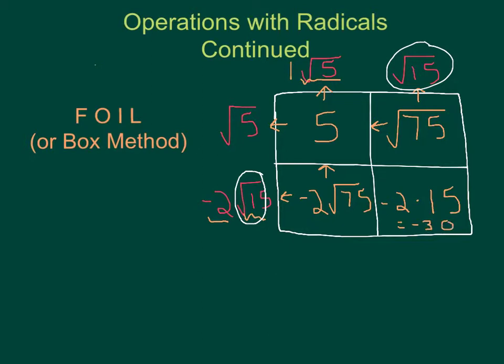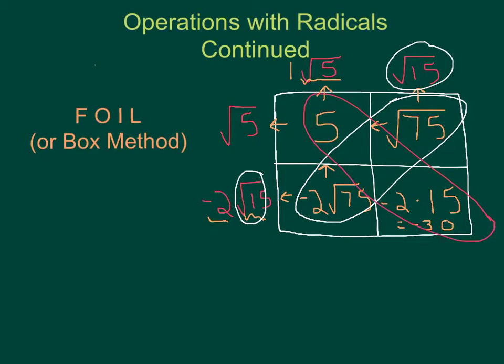So now, let's look. I have like terms on this diagonal, but I also have like terms on my other diagonal. So, let's think about this.